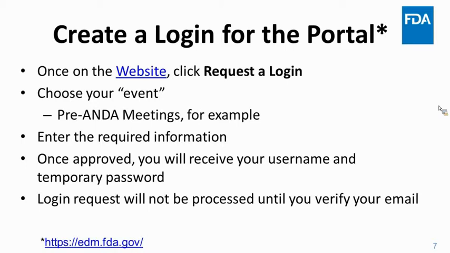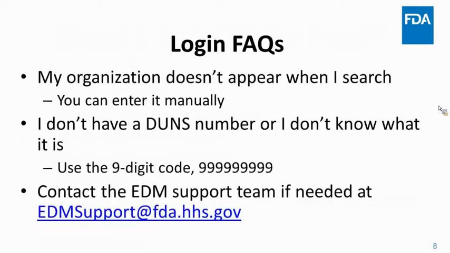If you are involved in both pre-ANDA meetings and controls, you can have both. It's going to ask you for some basic information, your name, email, etc. Once you're approved, you'll receive a username and temporary password, but your login request will not be processed until you verify your email, just like any other website.